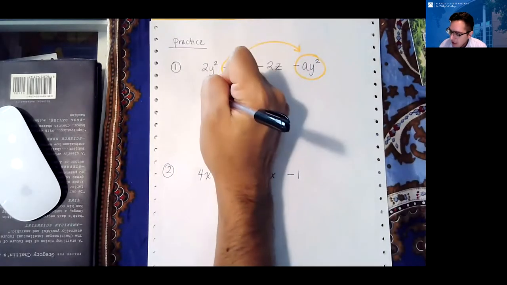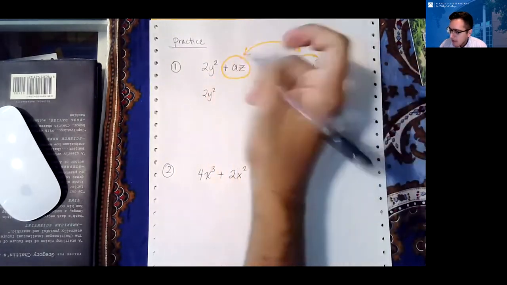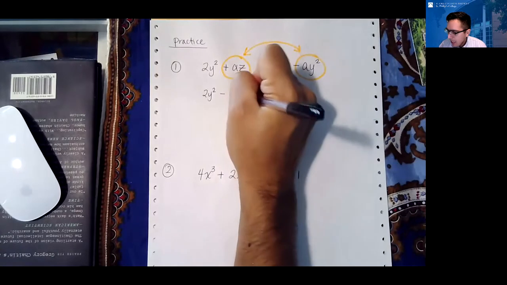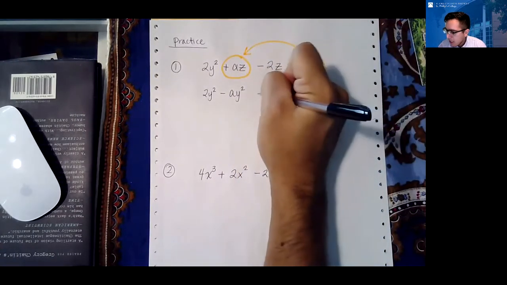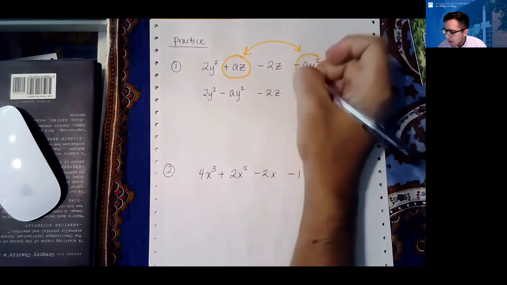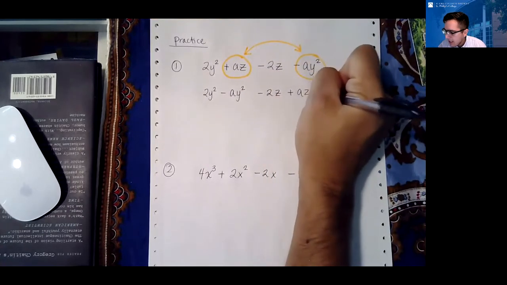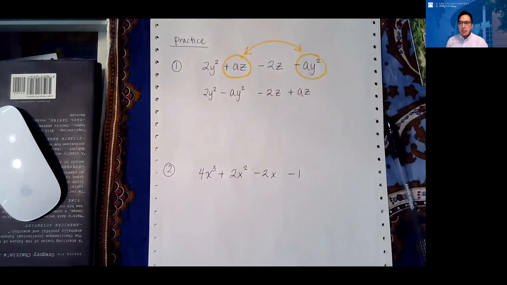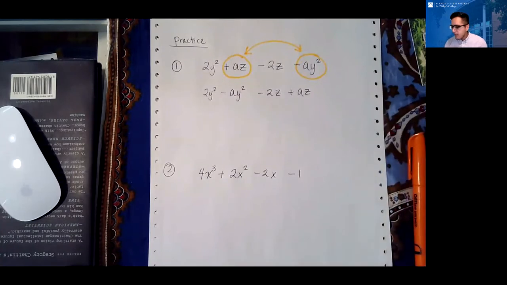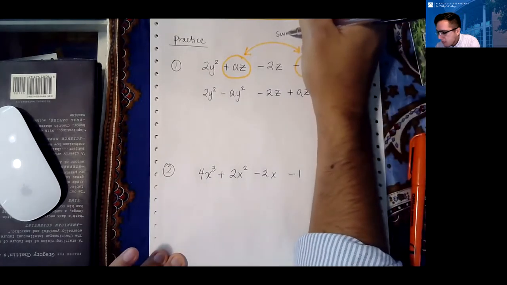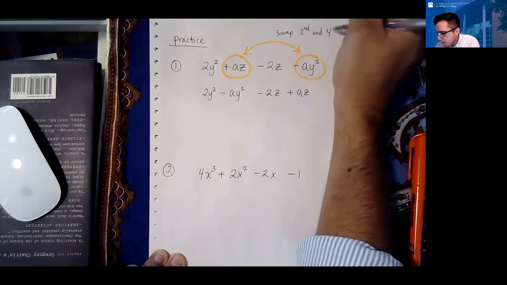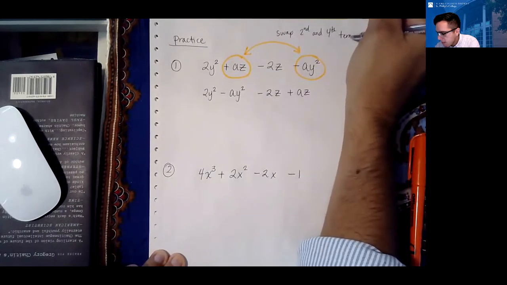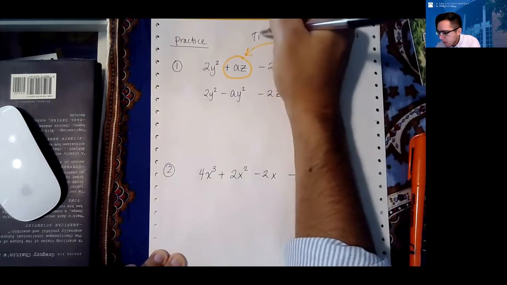So I would rearrange this first one to 2y squared minus ay squared, and then write negative 2z plus az, and then try that out. Okay, thank you. That's my pro tip.